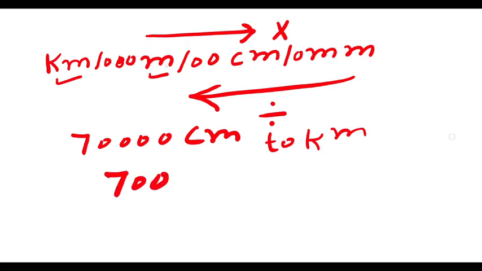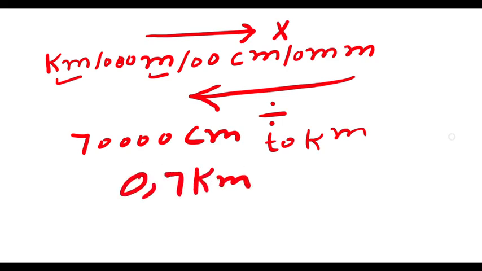Now divide by 1,000, that will be 0.7. So 0.7 kilometer is the answer. You don't need to show the steps one by one, you can write directly 0.7 kilometer.